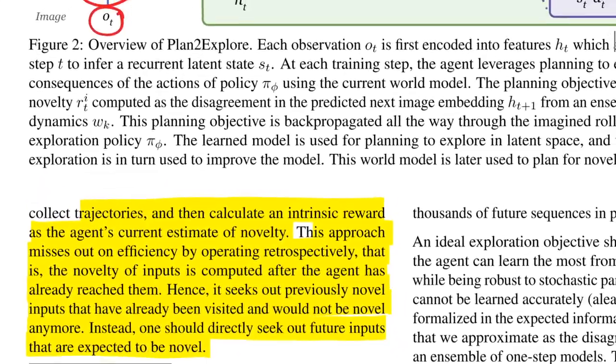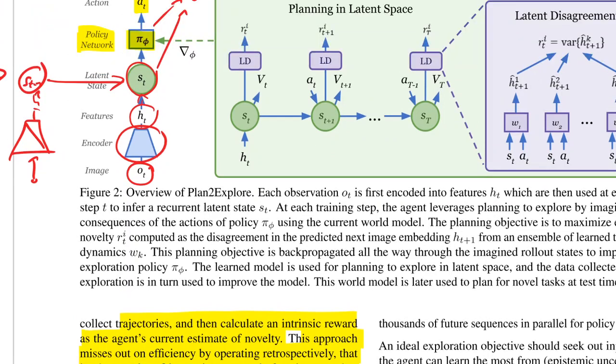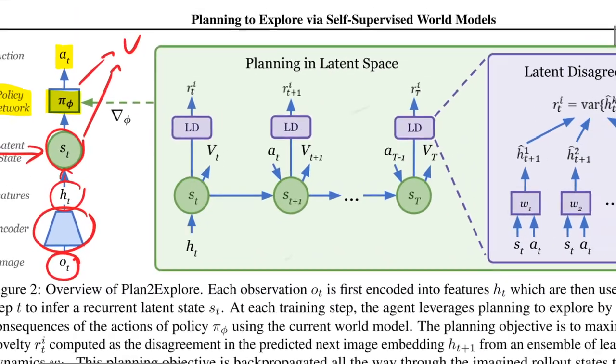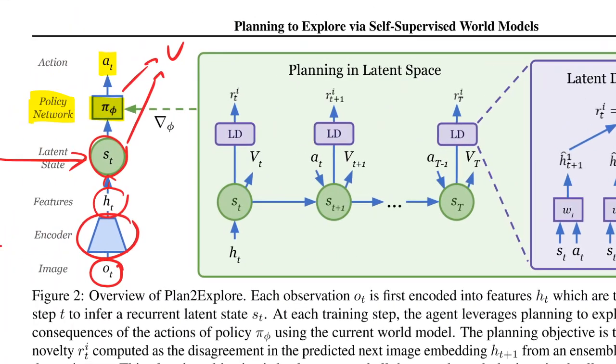Now, what this paper is doing is basically saying, can we build a model that estimates the future novelty of a state that we maybe haven't seen so far? And here is where that goes. So what do they do in this policy? The policy isn't just trained to maximize the novelty in the world.